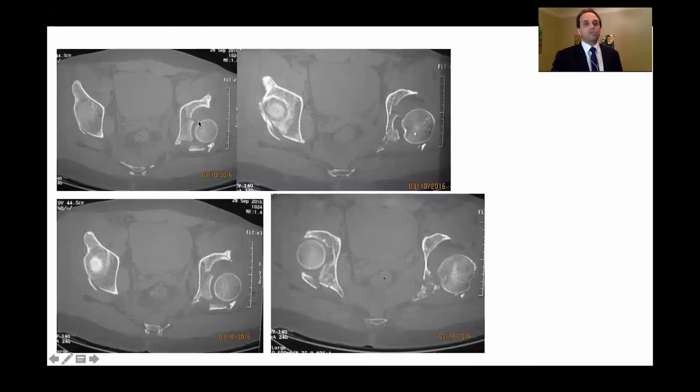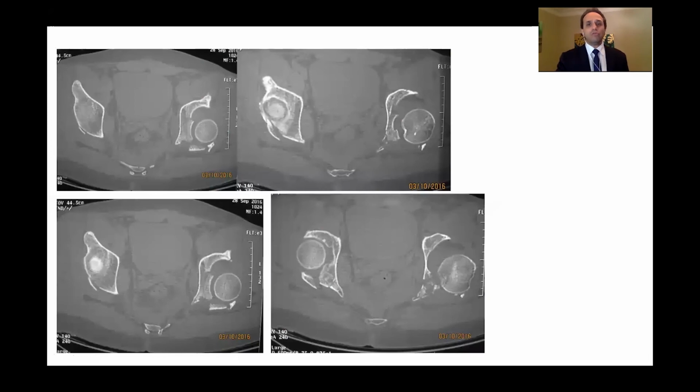You can see also a marginal impaction, and you can see the comminution of the posterior column inferiorly. On the other side, you can see also there is a posterior column that starts up there, and then a posterior wall, and then a marginal impaction.